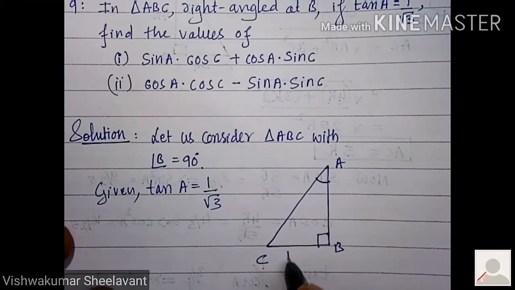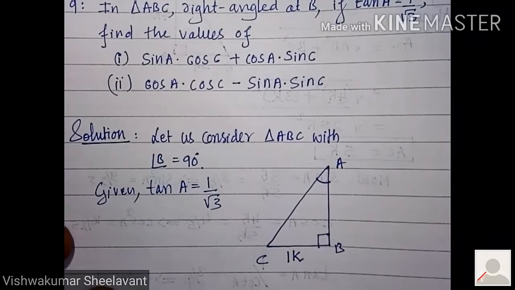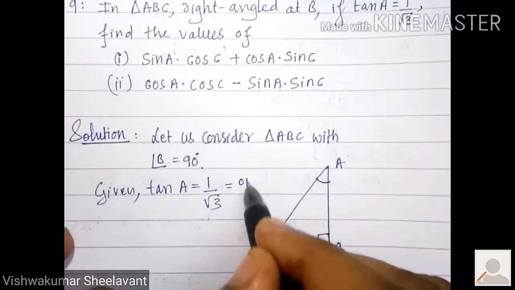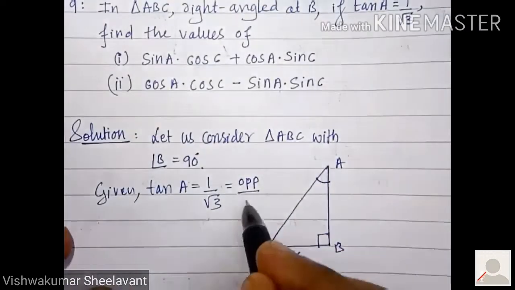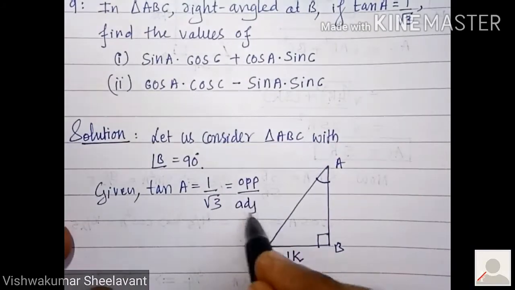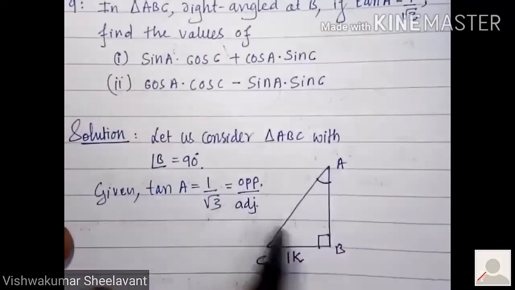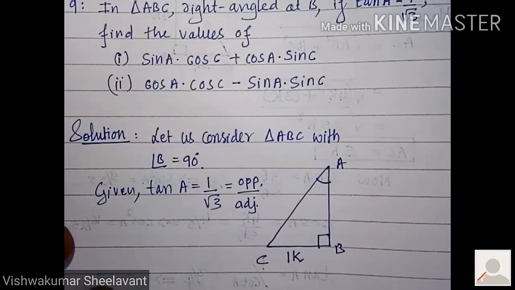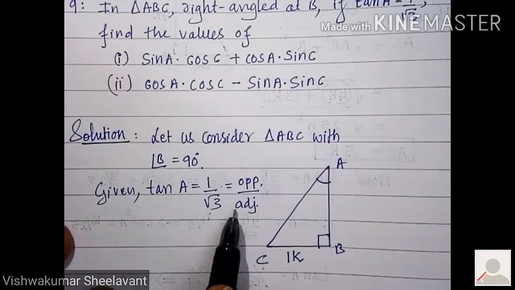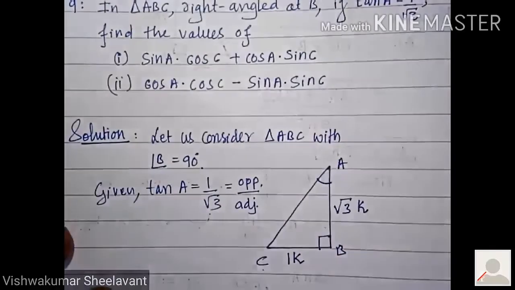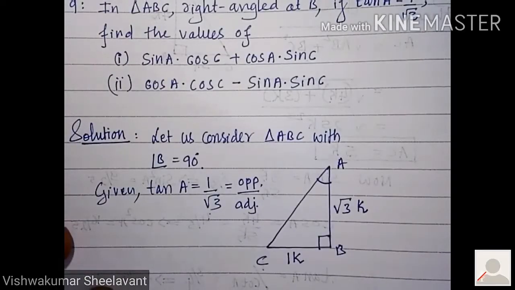Tan A means opposite side upon adjacent side. So 1 is the opposite side, so I will take it as 1K. Root 3 is the adjacent side, so I will take AB as root 3K.